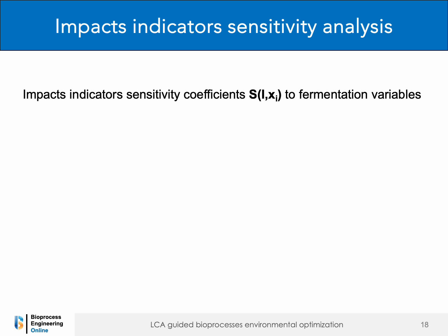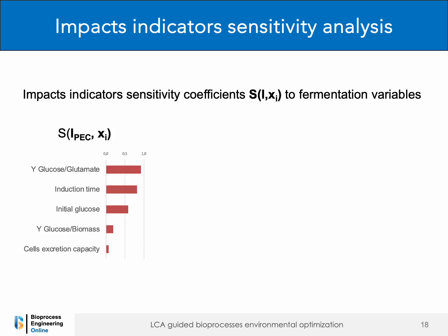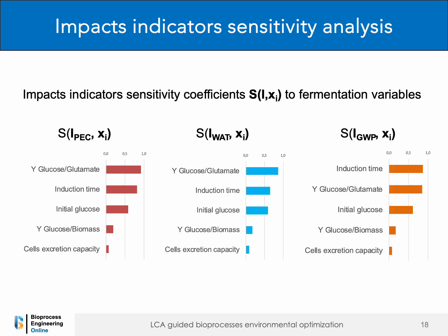The environmental optimization strategy for the glutamate process is more precisely defined through a sensitivity analysis of impact indicators concerning various process variables. Sensitivity coefficients, denoted as S_I,X_I, quantify the relative changes in impact indicators resulting from variations in input variables. According to this analysis, for the 3 PEC, water and GWP indicators, the most influential variables are primarily those pertaining to bacterial kinetics.